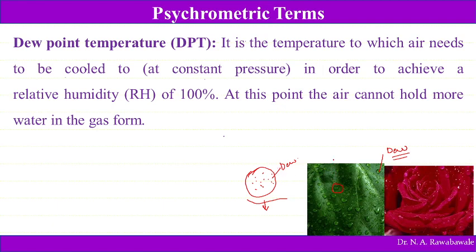Now it has to happen that the temperature should fall below a particular temperature, the dew point temperature. Only then does the water present in suspension in this air get accumulated over the surfaces, and that we call dew. So what is this dew point temperature? It is the temperature to which air needs to be cooled at constant pressure, in order to achieve a relative humidity of 100%.